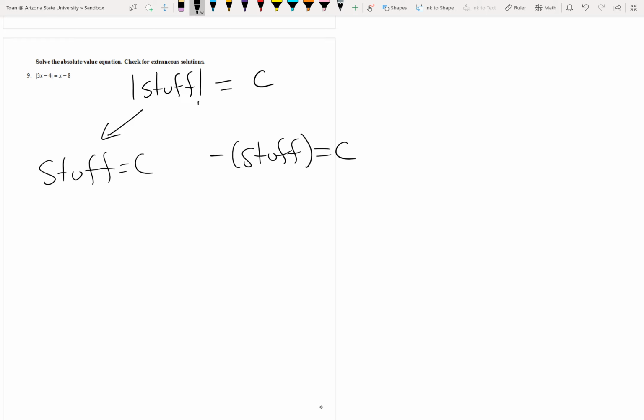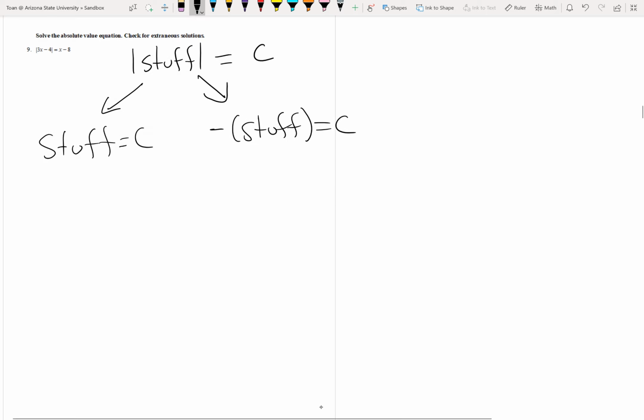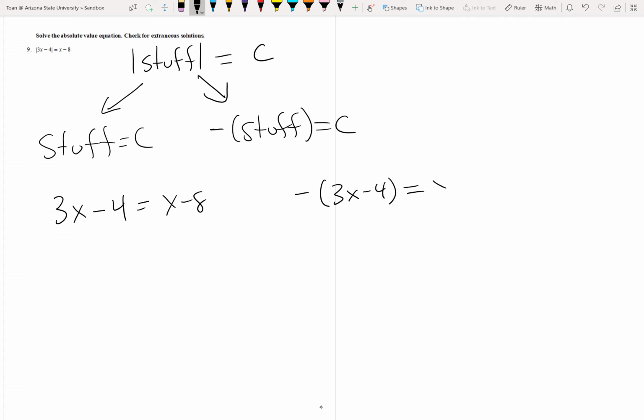So in this particular instance here, we have absolute value 3x minus 4, so I'm just going to rewrite it without the bars. 3x minus 4 equals x minus 8, and then I'm going to do the exact opposite of 3x minus 4 equaling x minus 8, and then notice we have two equations which we will go ahead and solve independently.